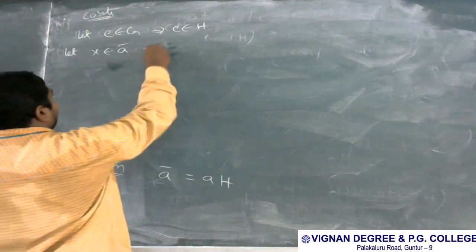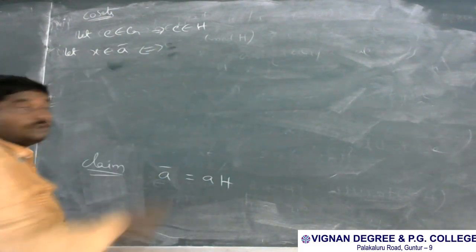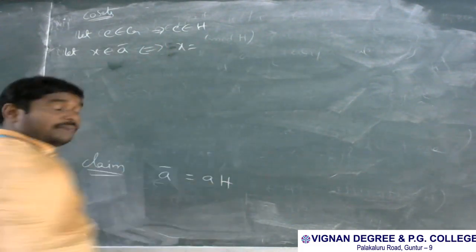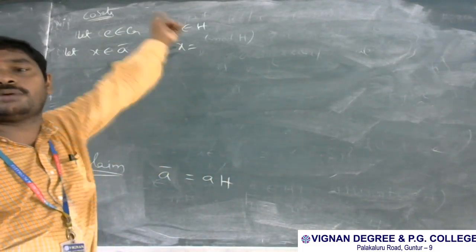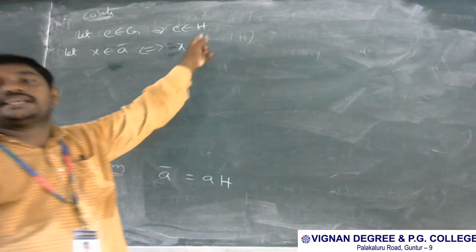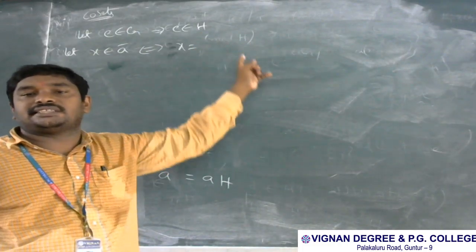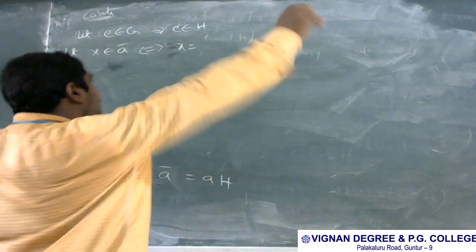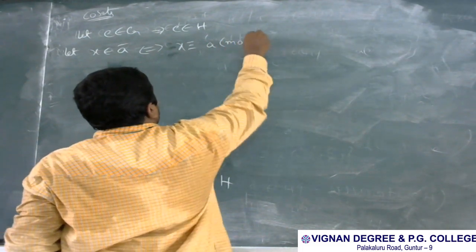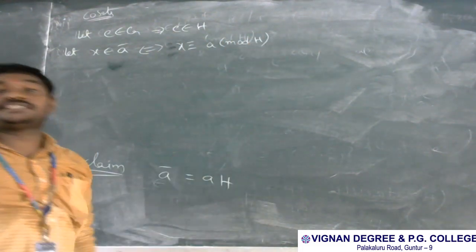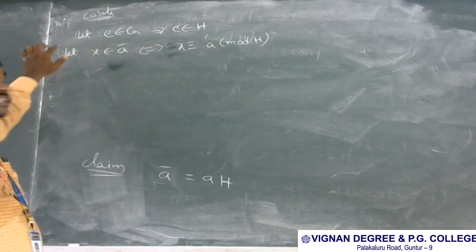So that implies, or if and only if. What is A bar? A bar is defined as the set of x belonging to G such that x is equivalent to a mod H. This is the given definition.